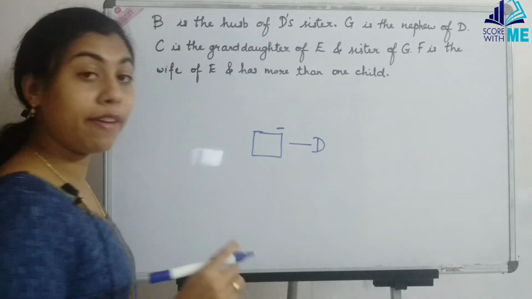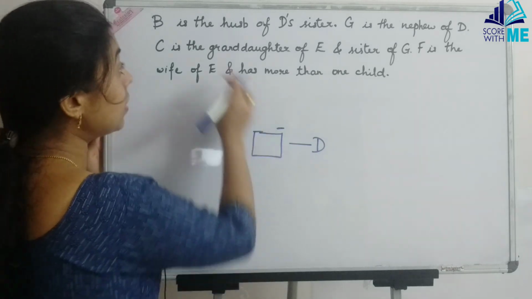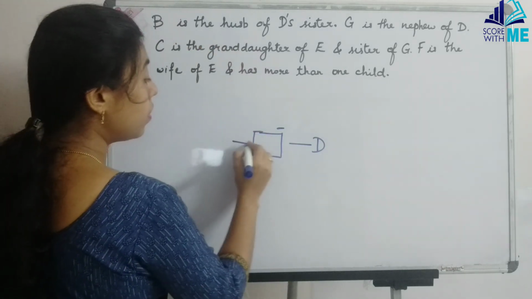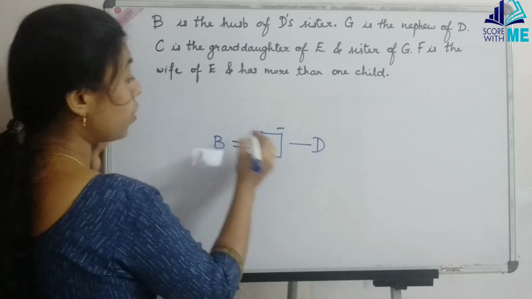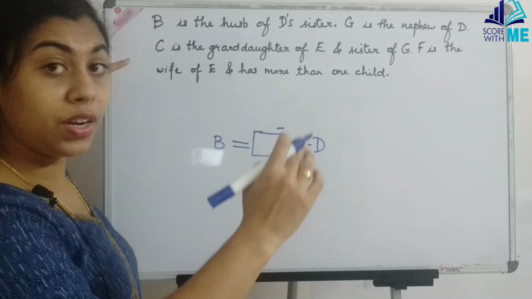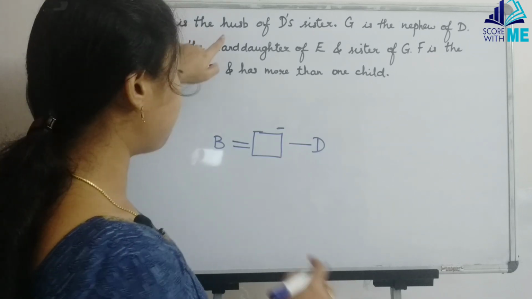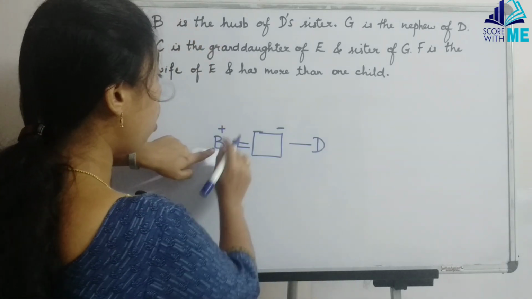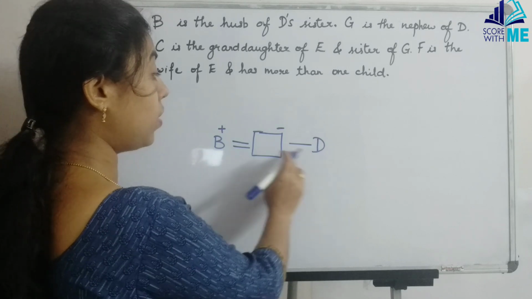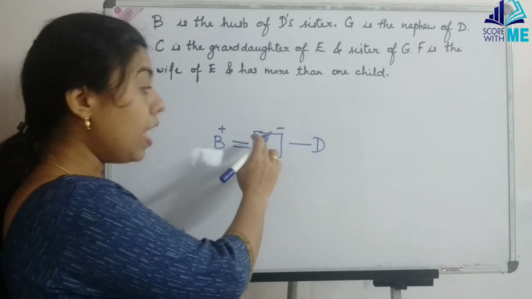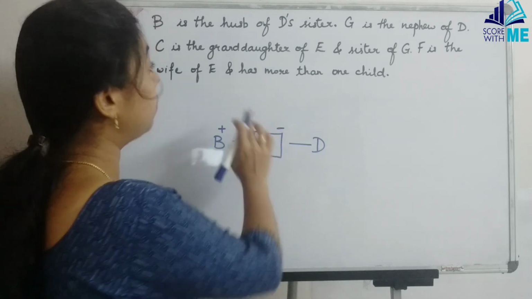She is a female. D's sister's husband is B. Now read the question once again to confirm that what you have done is correct. B is the husband of D's sister. So this blank place is D's sister and her husband is B.